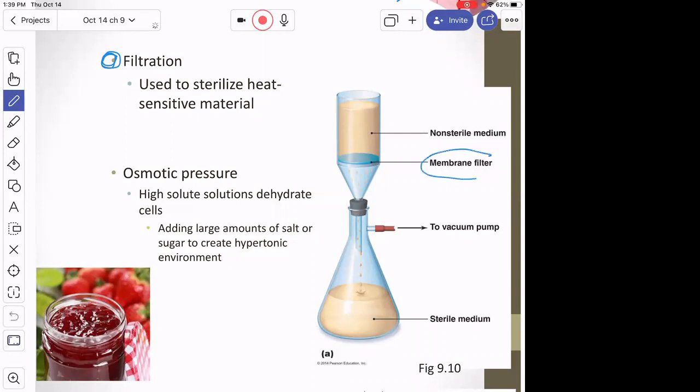So a membrane filter here. You can get membrane filters that have super, super small pores that even viruses can't pass through. And then you have to force the liquid through with a vacuum pump, kind of suck it through. And then all the microbes are going to be caught on that filter, and you're essentially going to have whatever your drug is be sterile.